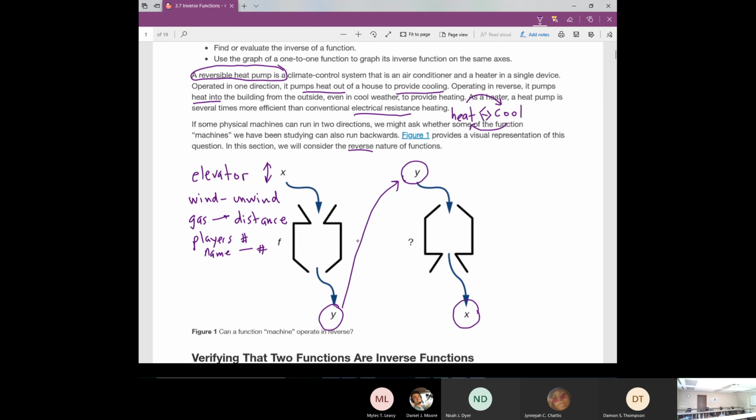If I call this function f of x, and I call this other function g of x, or whatever variable I give, happens to be y at this point, this becomes applying g to the function f, or g of f of x.